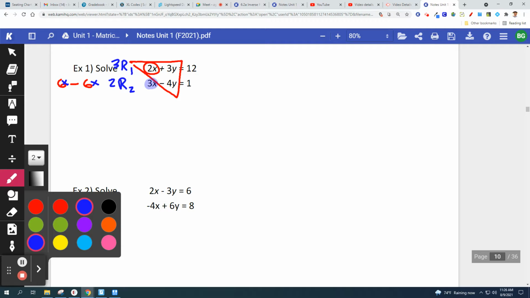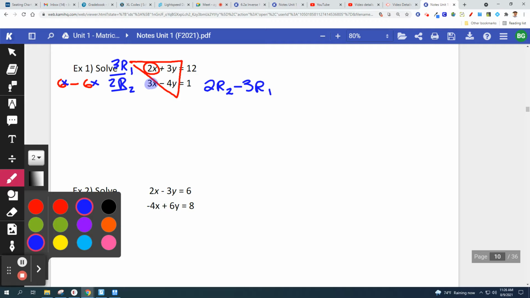That's going to make 6x minus 6x. That's going to zero out. That's going to do what we want. Okay, so what I'm going to do is, instead of writing it like this, I'm going to write it over here. I want 2 of the row 2s minus 3 of the row 1s.